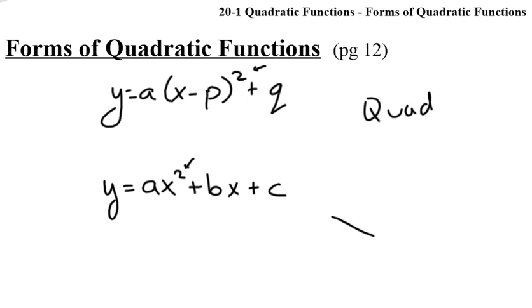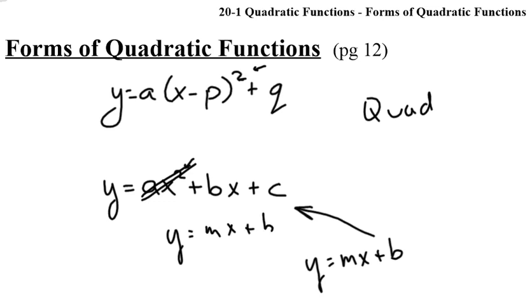But we actually used this particular equation last year when we talked lines. But what we did was we had a values of 0. This ax squared wasn't part of it, so we had y equals mx plus b. So we worked with this.